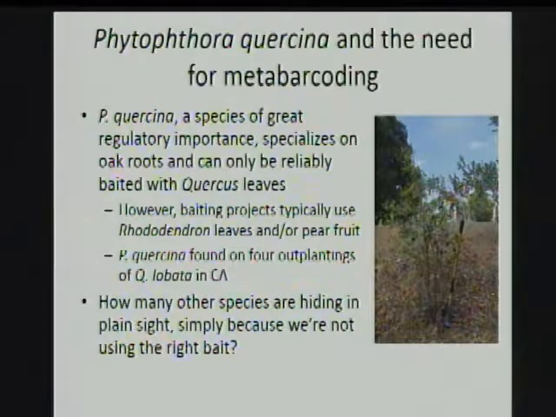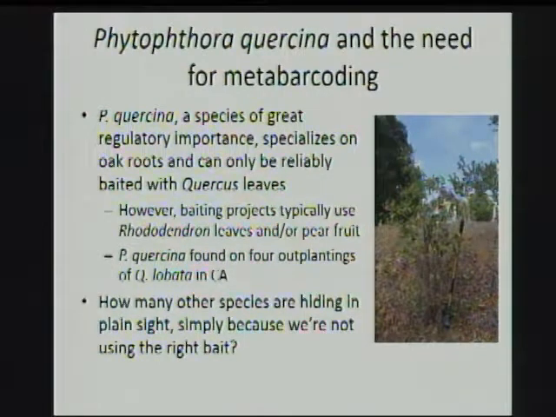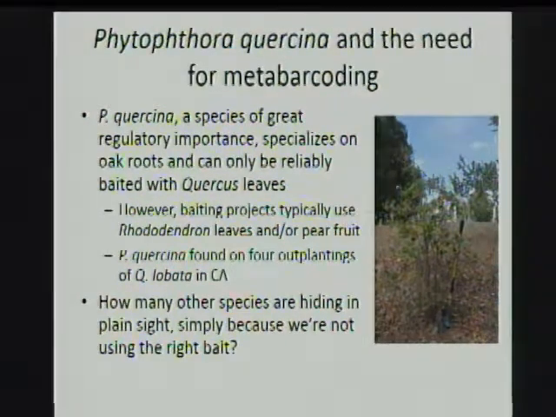We kind of were serendipitous in that we seemed to be the first and only time it's ever taken a pear bait. Once we realized it was there, my colleague Heather Mehl read, it only likes oak leaves. We went out, we baited with oak leaves. We were able to establish it was on several valley oaks at this one particular site. But really, the overall context of this species is unknown, and it could be there. We're not going to find it until we go looking for it.